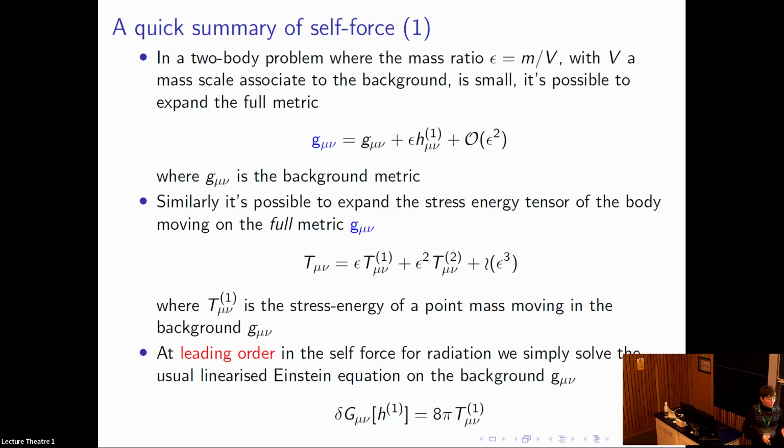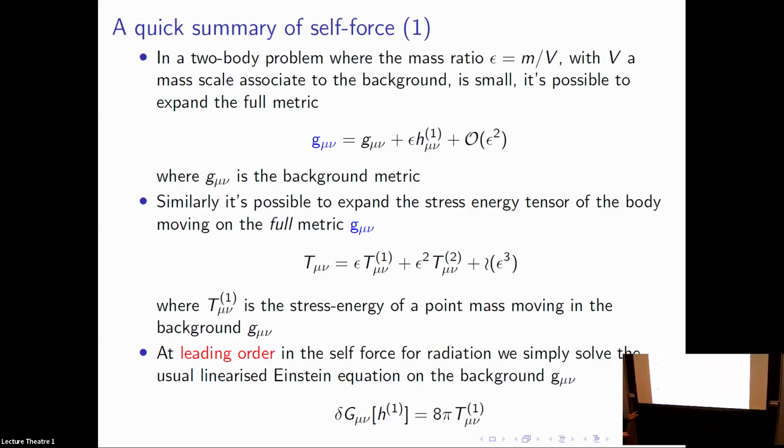We expand basically everything in this parameter. For example, for the metric, the blue one here is the full metric, and we can expand it in a perturbation series around some background metric. In the same way, it's possible to expand the stress energy tensor in a perturbation series just like this.